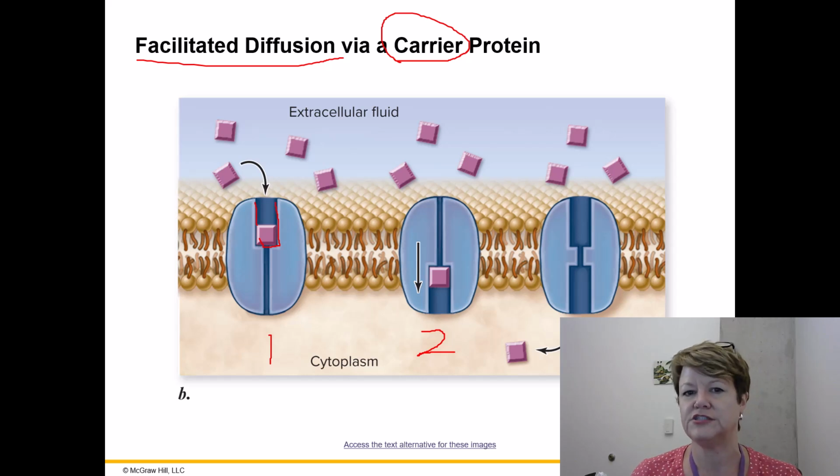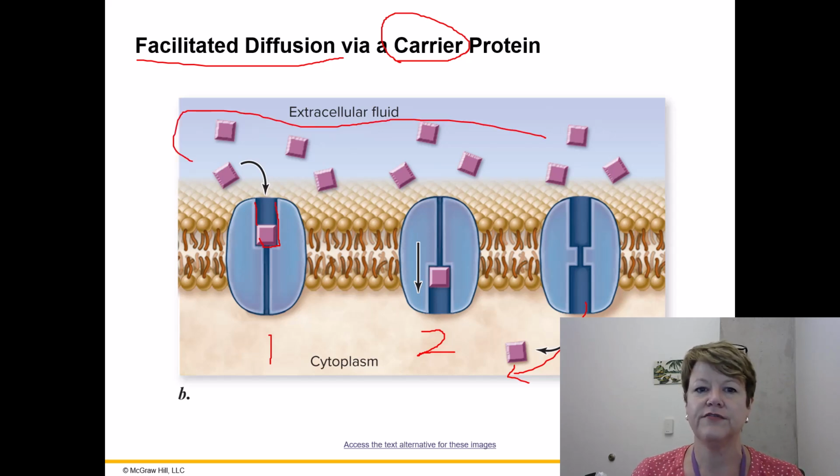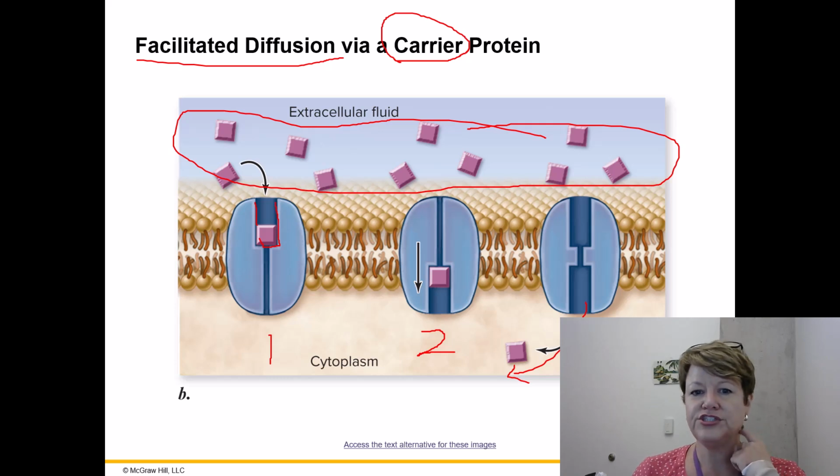There's some kind of shape change, and then the item is released on the other side, and then it can do it again. It can repeat that whole process, bringing in molecules, as you can tell, from the side that has the higher concentration to the side that has the lesser concentration.